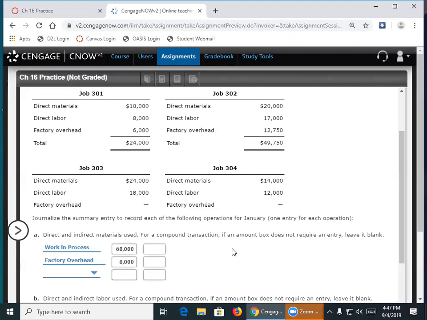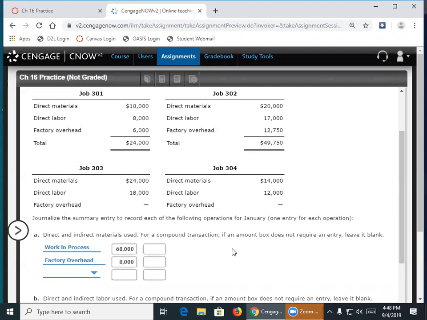With factory overhead, any actual cost, if we know it's a real cost, gets debited to overhead. And anything we've estimated through that predetermined overhead rate, we consider applied overhead, what we've costed to the jobs, which we haven't done yet, but like the factory overhead in jobs 301 and 302, those are applied based on direct labor, like what we calculated in the last 2. So applied overhead gets credited.